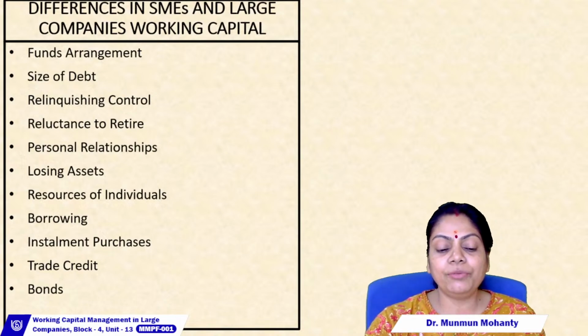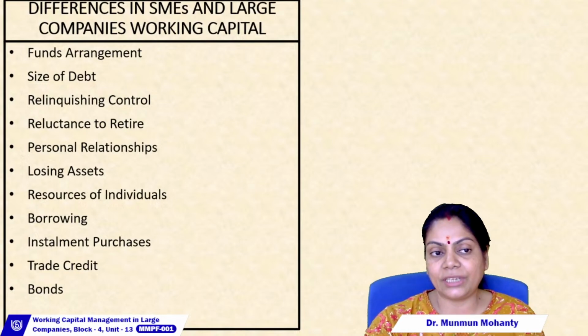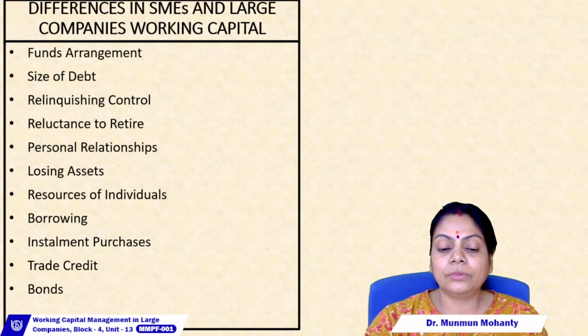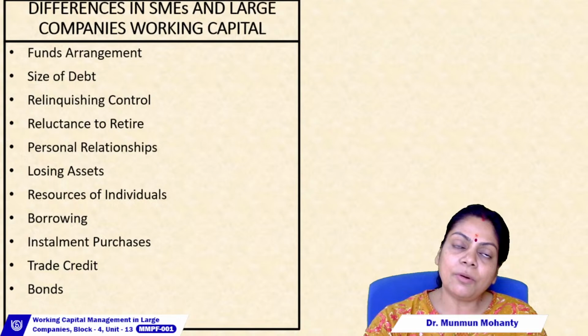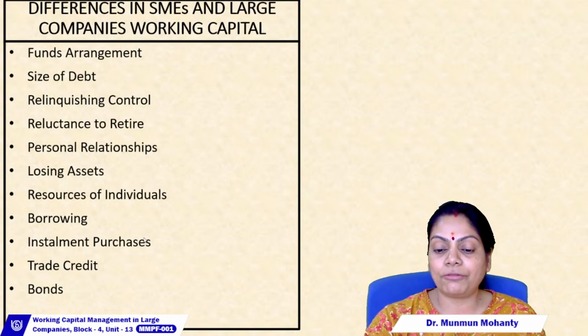When we are talking about fund arrangement, the larger companies will have greater assets, and some of these assets could be used as collateral while arranging for funds.